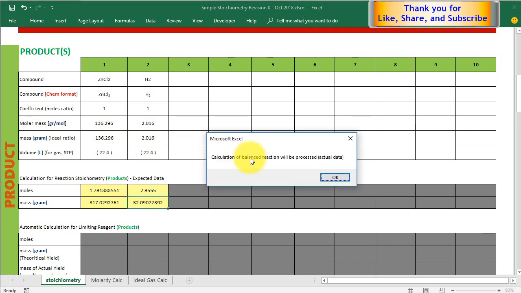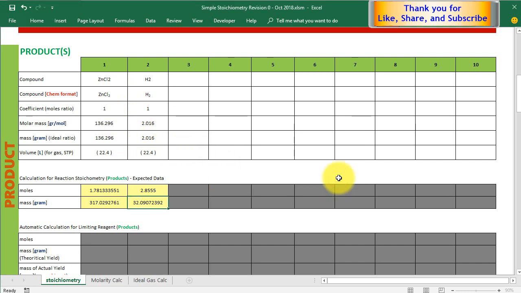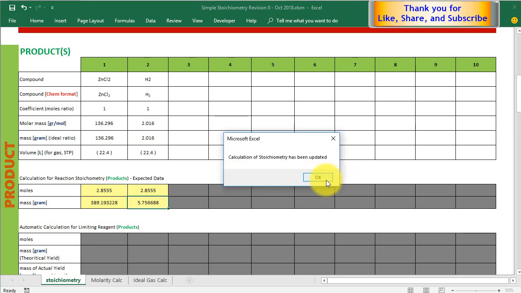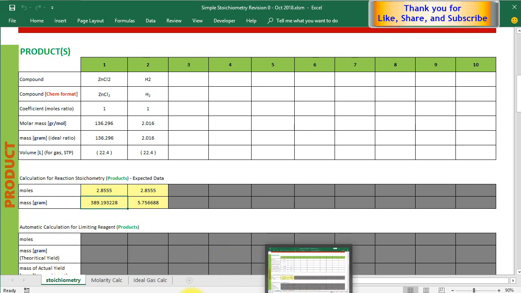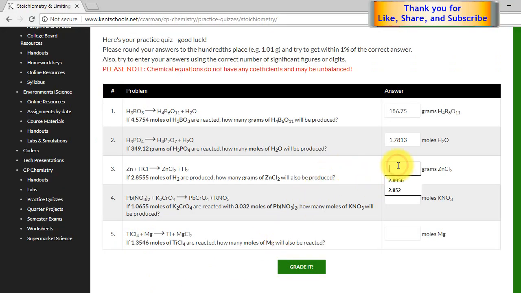Okay, hit enter. Wait for a while. Okay, that's an answer: 389.19. If we round up, it's 389.20 grams.